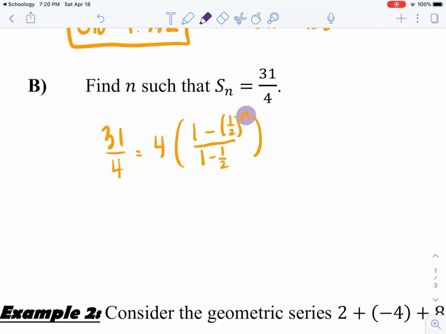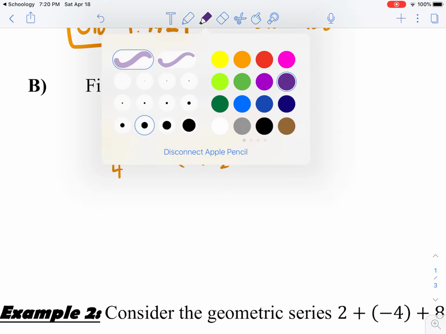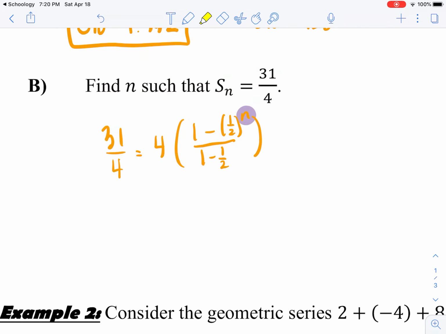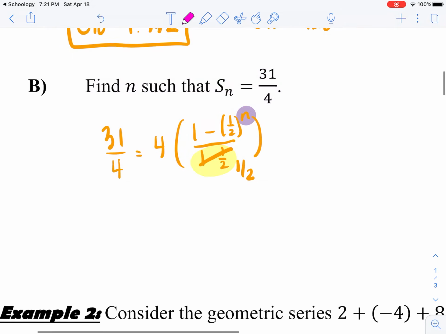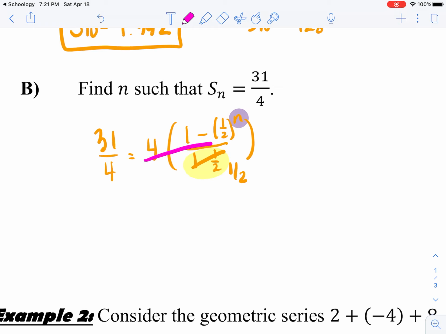Okay, so to simplify this, I'm going to simplify it similarly to how I simplified the last one. I'm going to start by simplifying 1 minus 1/2 because I can do that mental math, and that's 1/2. The next thing I always do is realize that this is one big fraction. All of this, since it's multiplication, is in the numerator.